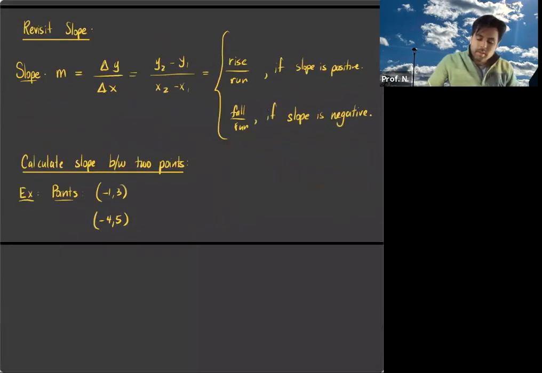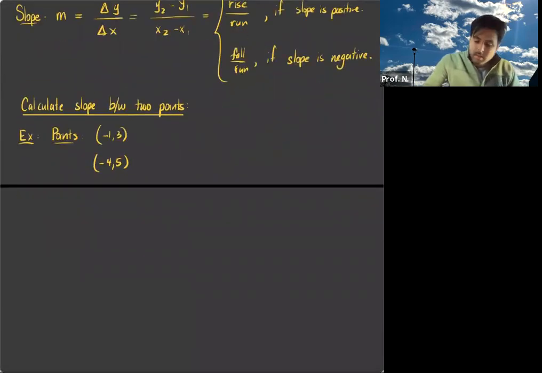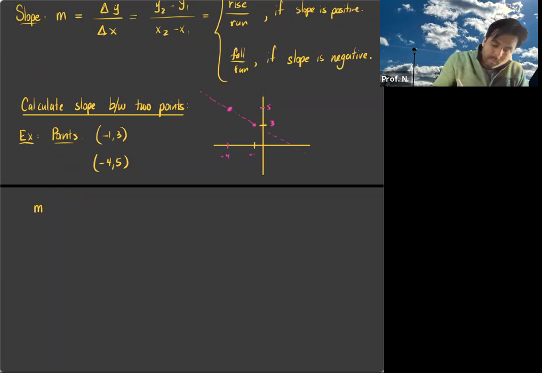So if I were to draw or sketch this, -1, 3, I would be somewhere here. And then I have negative 4, comma 5. So I'm right here. So I have these 2 points, and I want to figure out how steep a line that goes through them is. So then I need to find the slope.